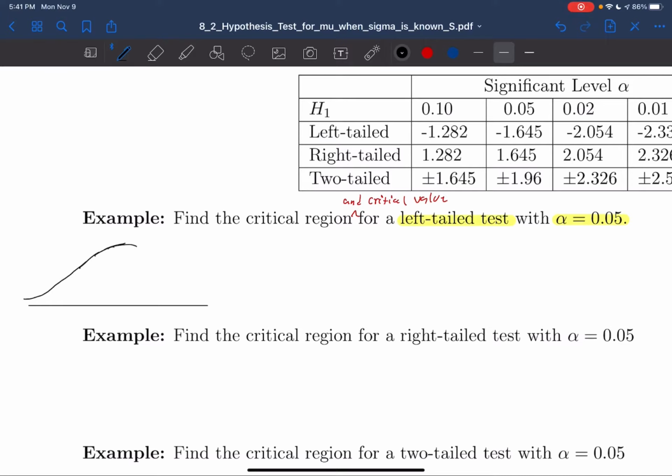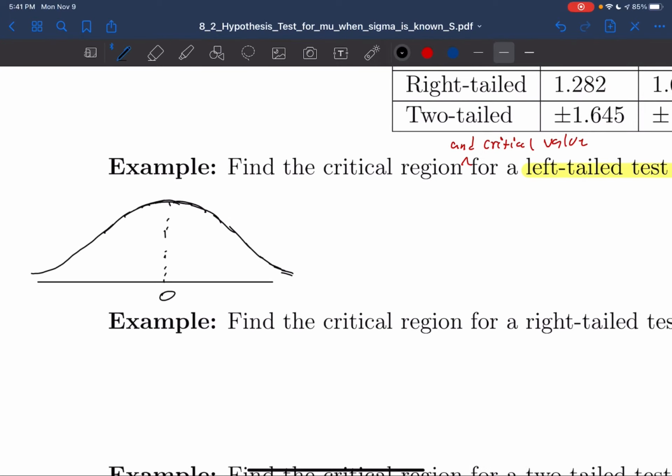Let me just draw this real quick. So our standard normal curve with a mean of 0, we need to find this critical value, negative z of alpha, where the area to the left is our alpha, and the critical region is just all this stuff.